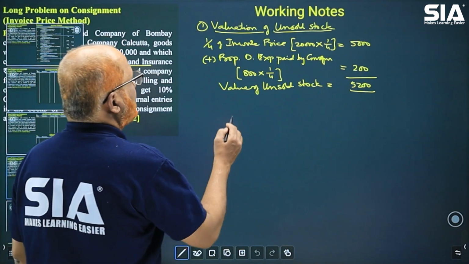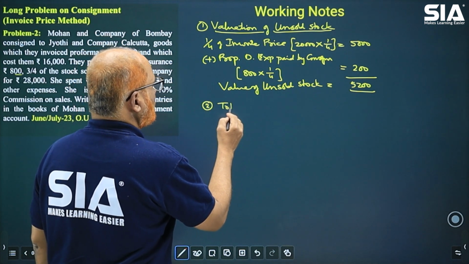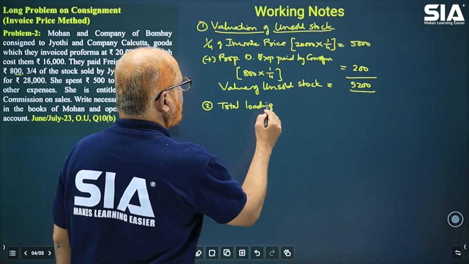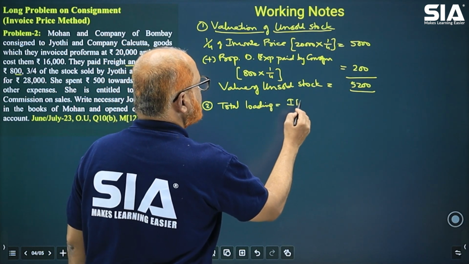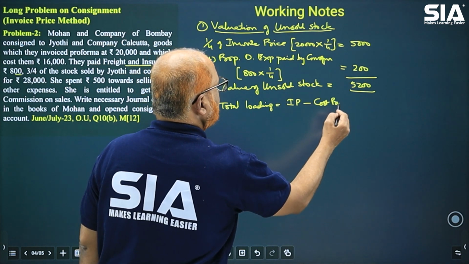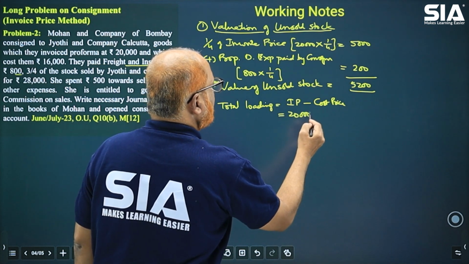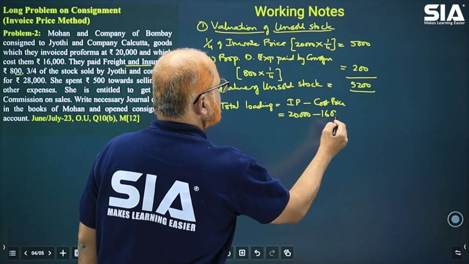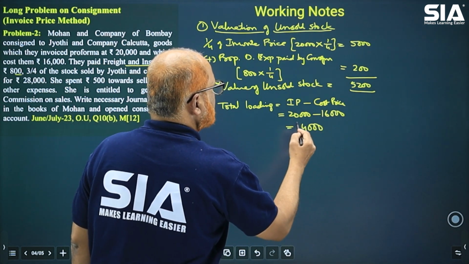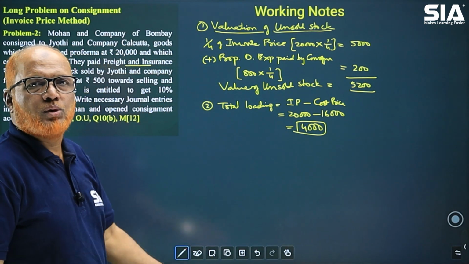In working note number 2, total loading is equal to invoice price minus cost price. Invoice price is 20,000 and cost price is 16,000, so 4,000. This is the total loading on goods sent.